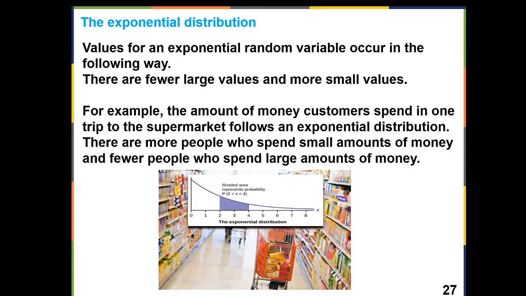Another example would be the amount of money customers spend in one trip to the supermarket. So the amount of money that customers spend has a distribution that is exponential. So you start with a certain amount, which is 1 over the average. This right here.